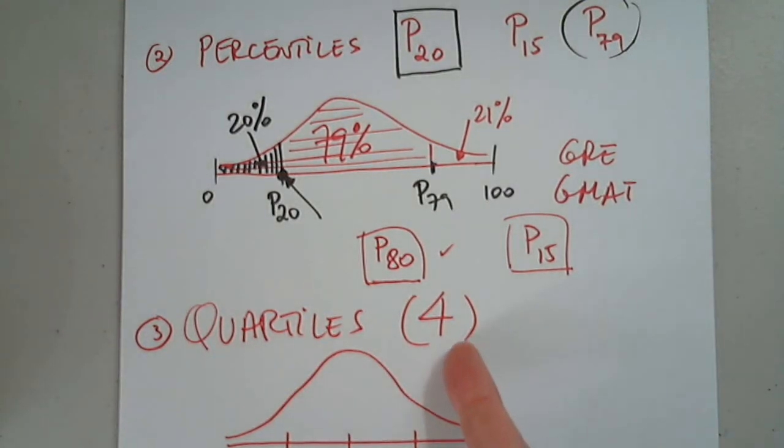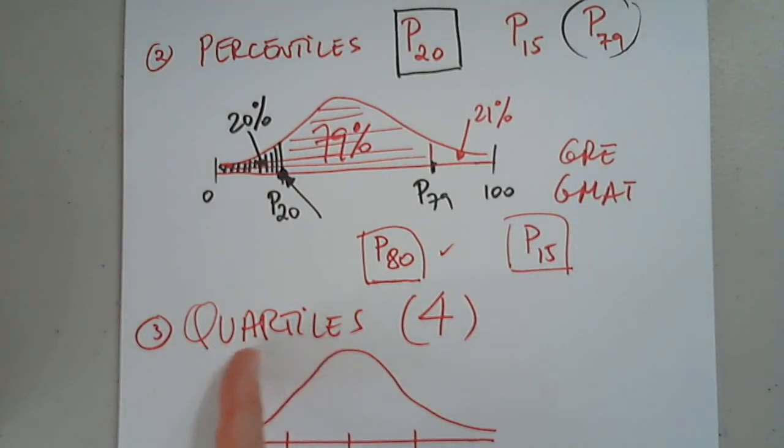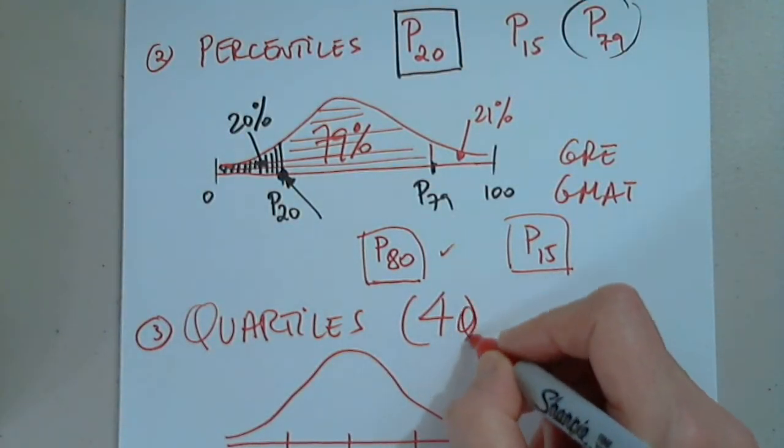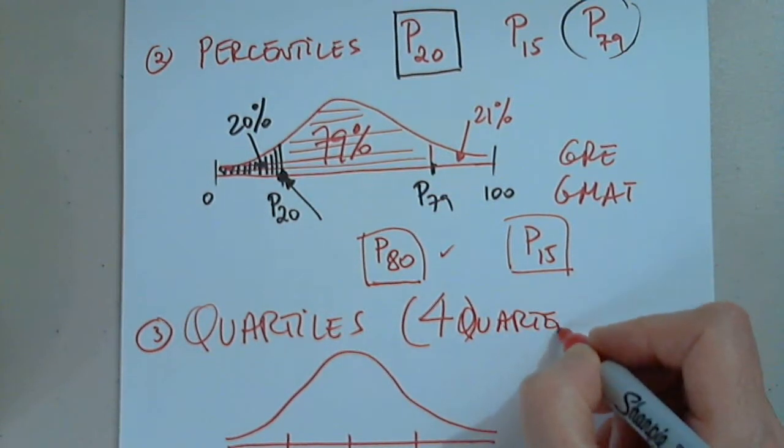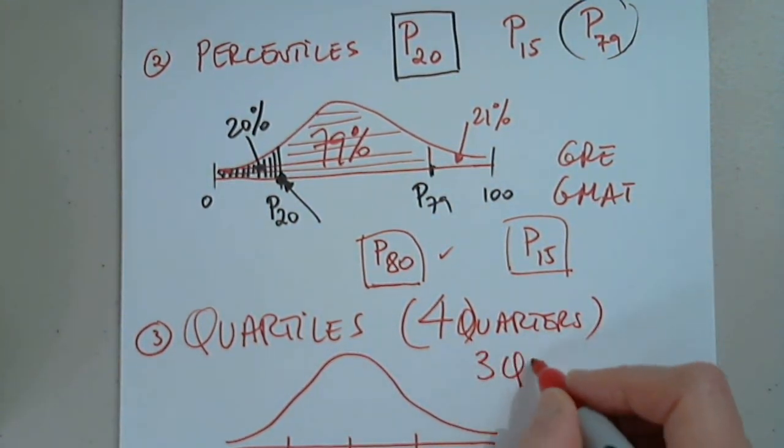You could say, what's this? Well, 1, 2, 3, 4. But the indication, the position, we have 3: Q1, Q2, Q3. But we have 4 quarters, and 3 quartiles.